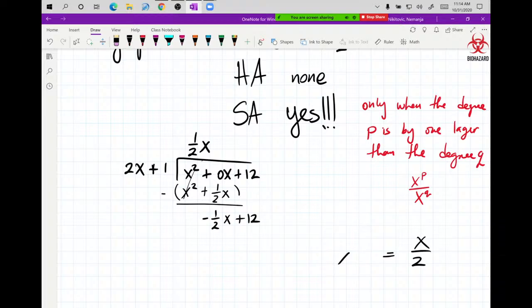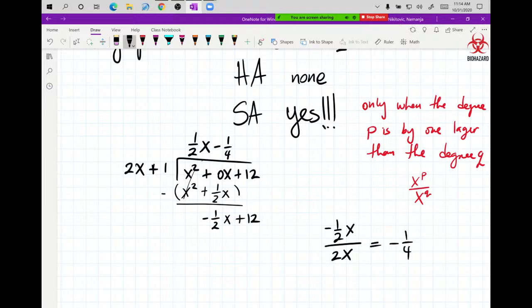So now you need to divide negative 1/2 x by 2x. And when you do this, you have negative 1/4, the x's are canceled. So minus 1/4. And there's your equation.